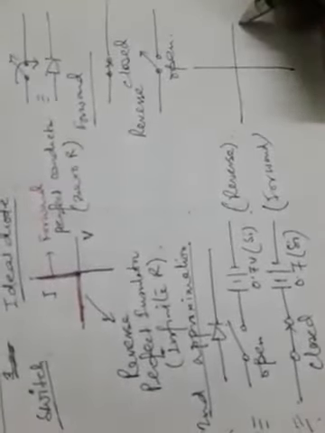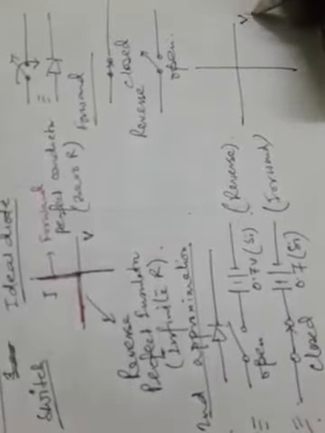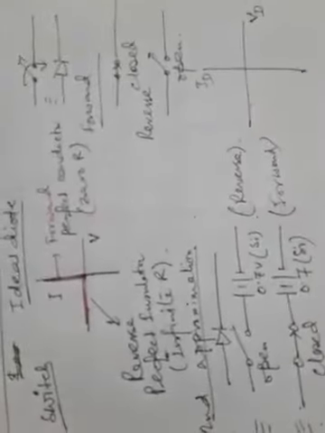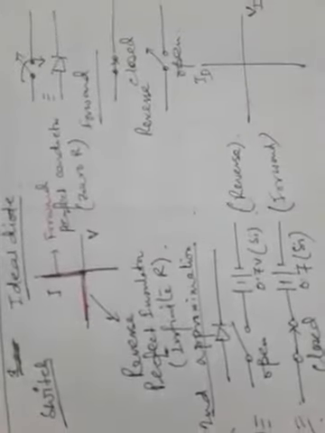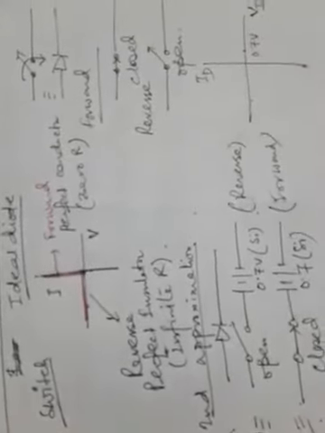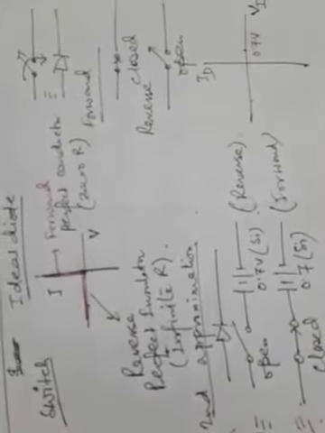The VI characteristics will be like this. Suppose this is the diode voltage denoted by VD, and this is diode current ID. Now this is the 0.7 volt here, plus 0.7 volt, the barrier potential or the knee voltage or the cut-in voltage.